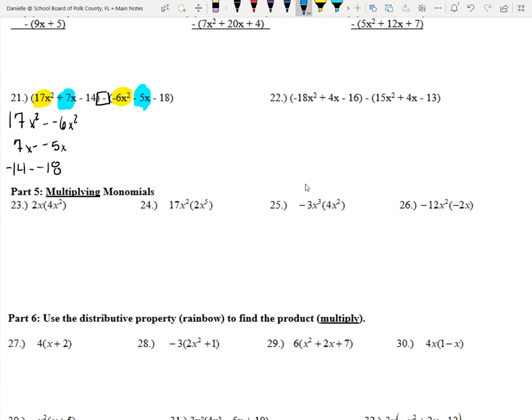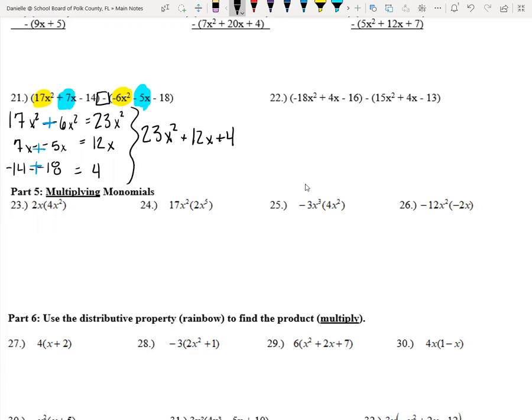And first thing I noticed is I have a minus negative, which would make it a positive, and all of these are going to become positives. So now I have 17 plus 6 gives me 23x squared. 7 plus 5 gives me 12x. Negative 14 plus 18 gives me positive 4. So if I were to rewrite all of that, I get 23x squared plus 12x plus 4.